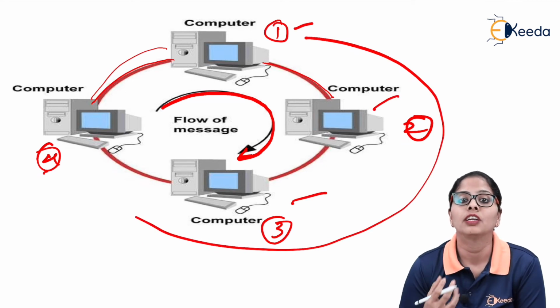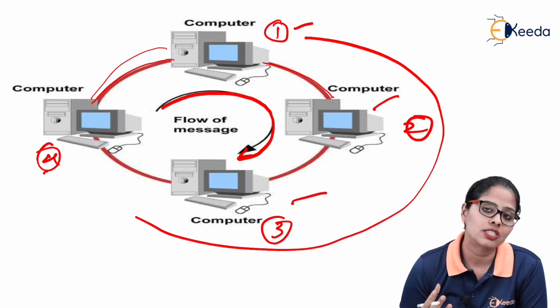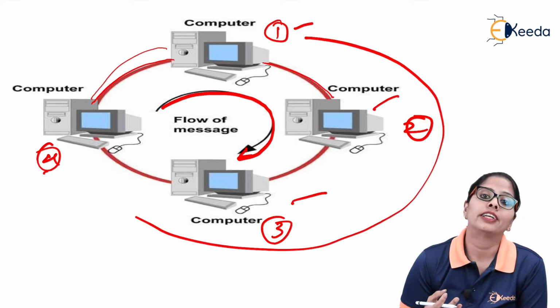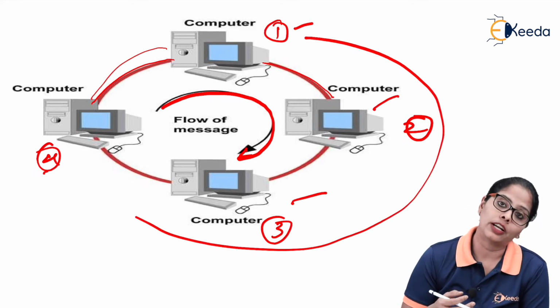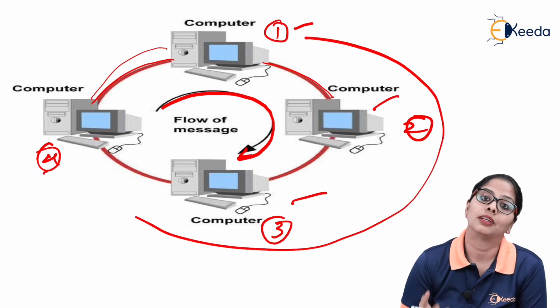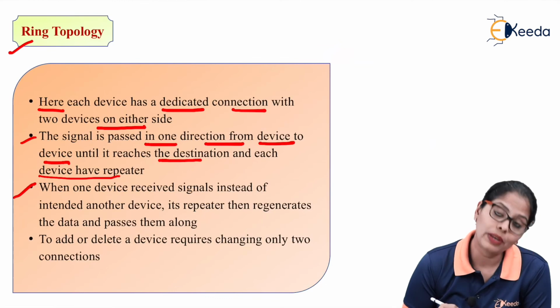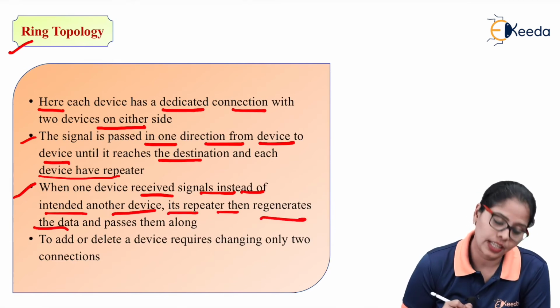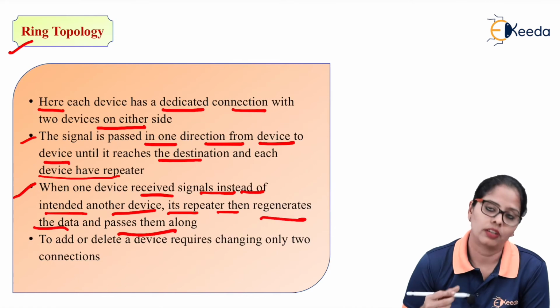Here each computer is acting as a repeater. Whenever you get a signal which is distorted, it tries to remove that noise and regenerate the signal, and then forwards it to the next computer. So when one device receives a signal intended for another device, its repeater regenerates the data and passes it along.